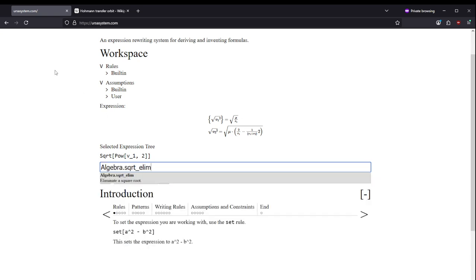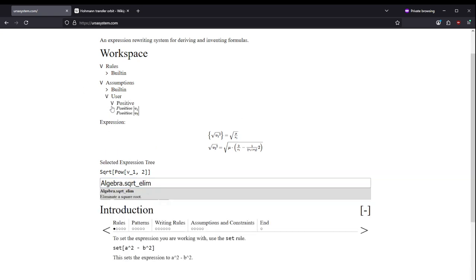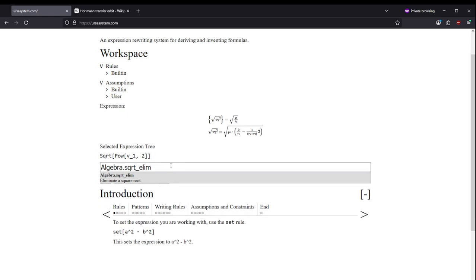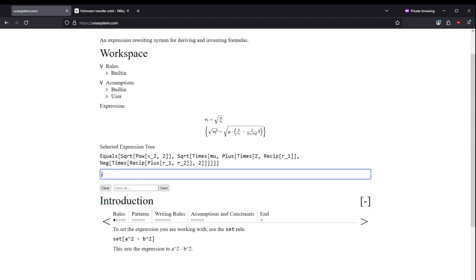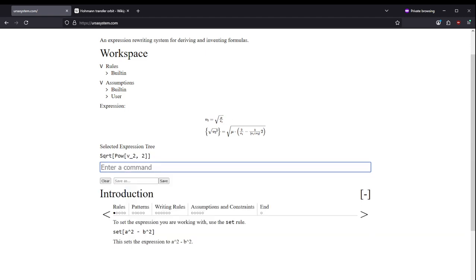And assumptions can be inferred from other assumptions, but we're not going to go there here. You can, in principle, do things like, if two things are positive, then their sum is positive, and Ursa will just figure that out. But we're not going to go into exactly how that works here. We just asserted that these two things are positive, and now we can use the square root elim rule.